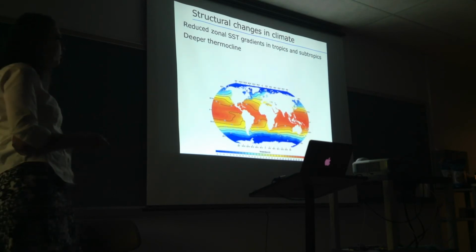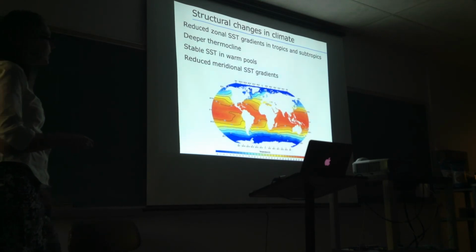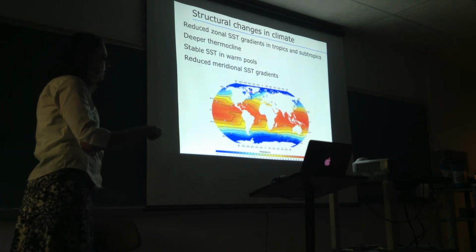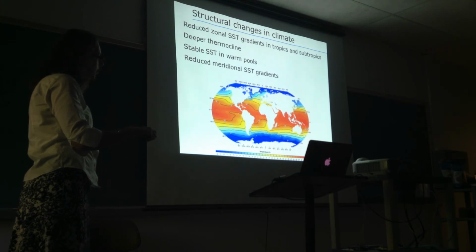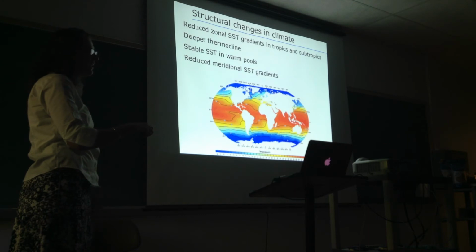So a deeper thermocline everywhere. We had stable sea surface temperatures in the warm pool. So the east was warmer, but the warm pool was not warmer. And then we also had reduced meridional temperature gradients. So we didn't really talk about that very much, but the temperatures here are quite a bit warmer. So the temperature difference between the tropics and the high latitudes is reduced.